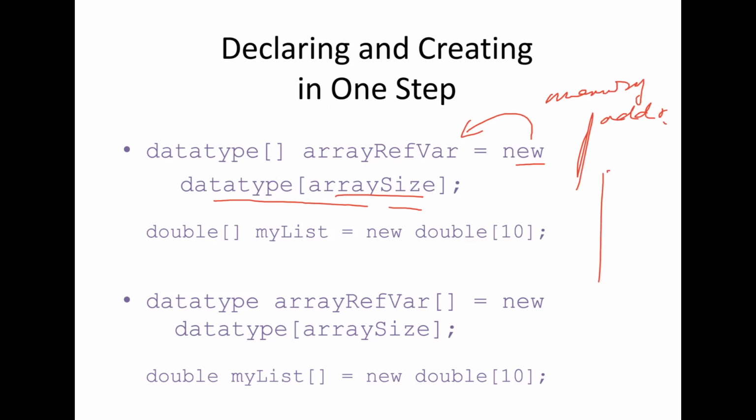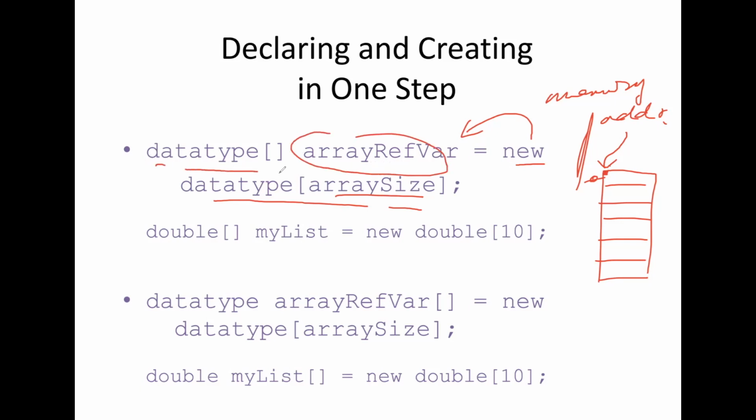Remember, we talked about this. That memory address points to the very first element of the array, index 0. That address is being returned and stored inside this reference variable of the same array type. This is where your array journey begins.